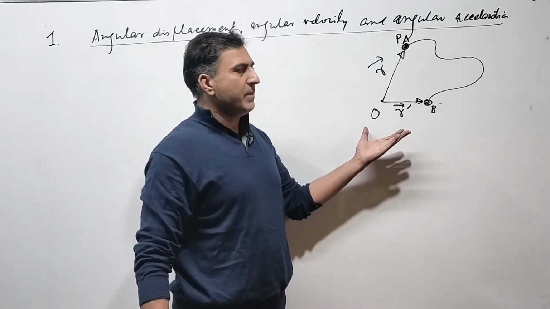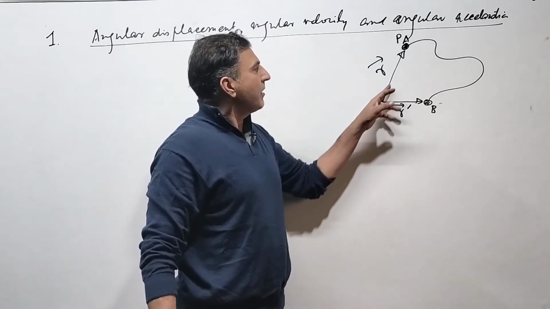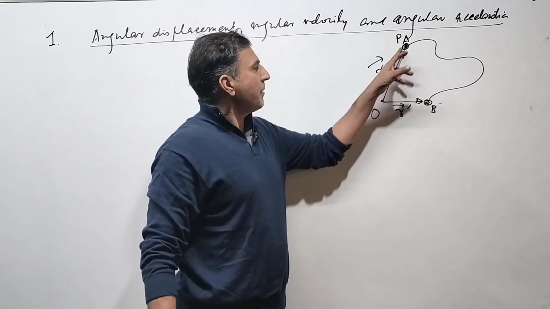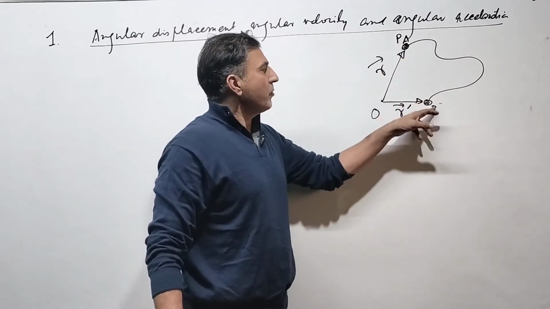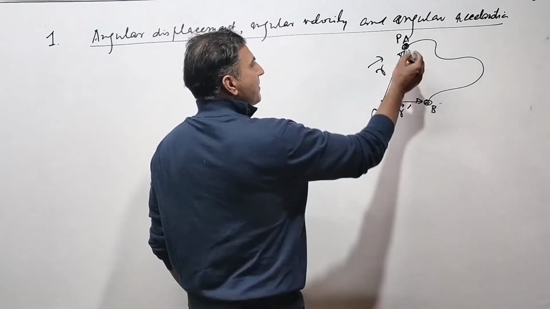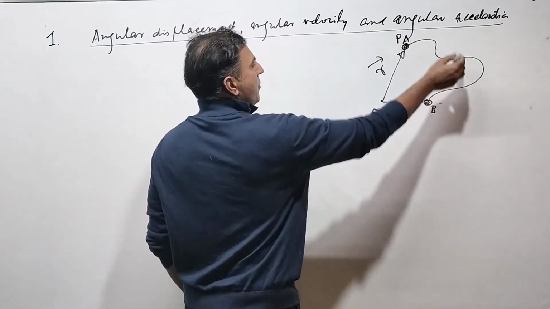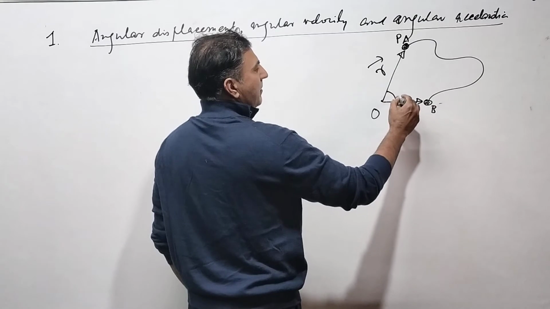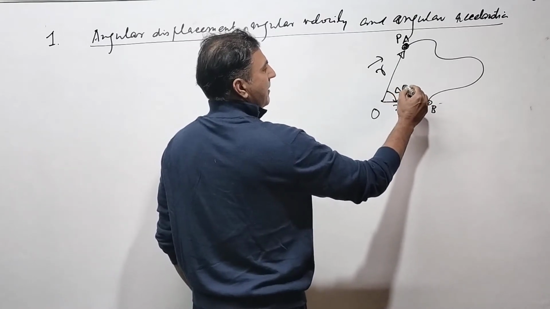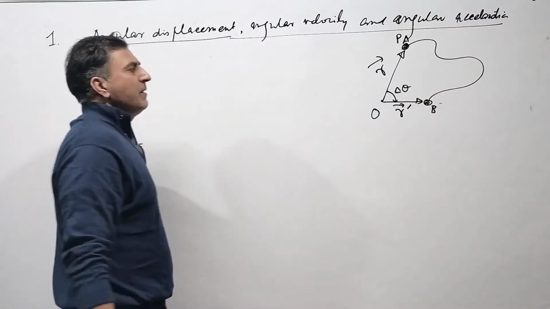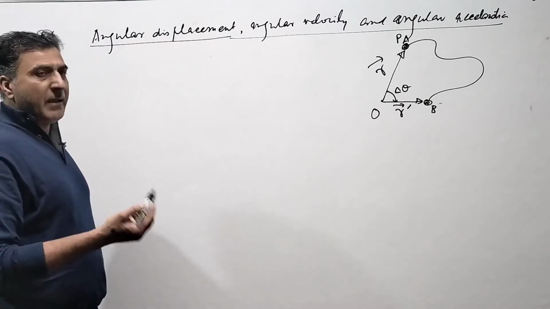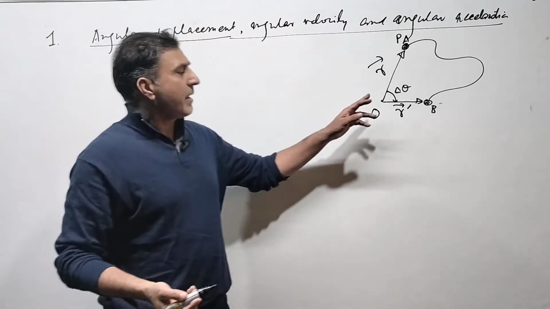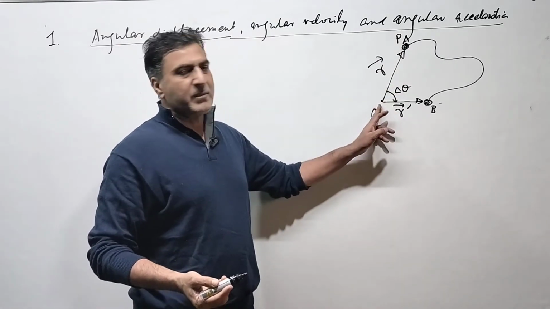The angular displacement is the angle traversed by this radius vector when the particle goes from here to here. So the angular displacement when it comes from A to B is this angle, delta theta. That is all. So angular displacement is the angle traversed by the radius vector about a fixed point.